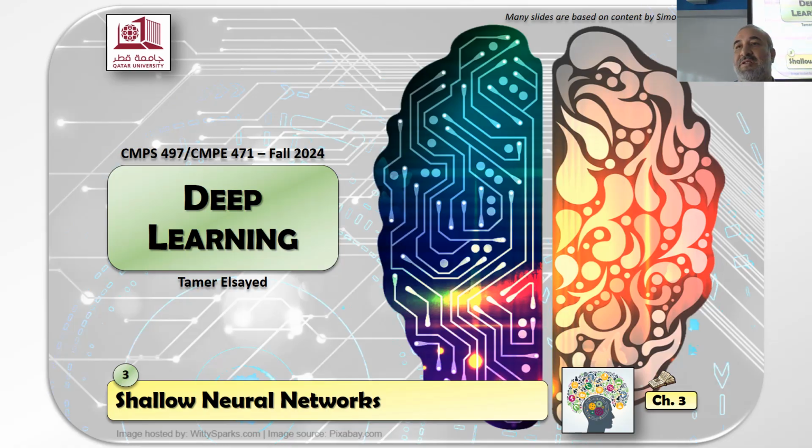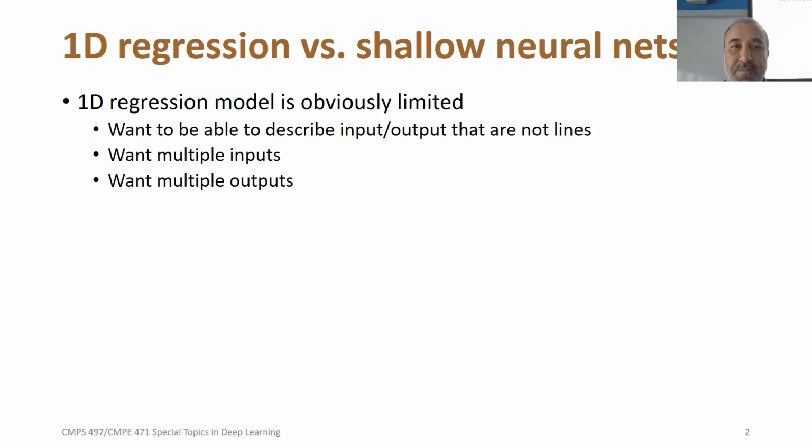Okay, so 1D linear regression, which was really simple. It was just a line. And with that, we went through many concepts that are general to supervised learning, like training, testing, like loss function, right? Okay. So inshallah, today we will switch to another model.